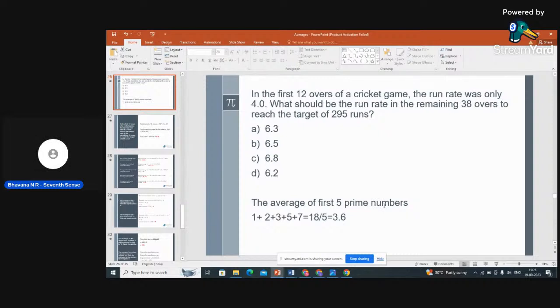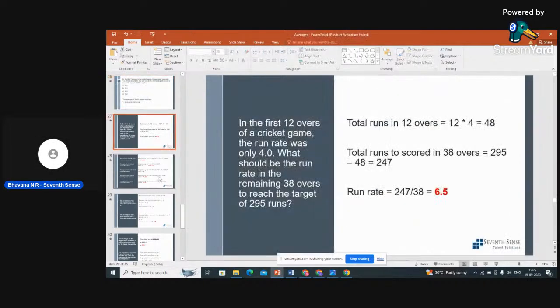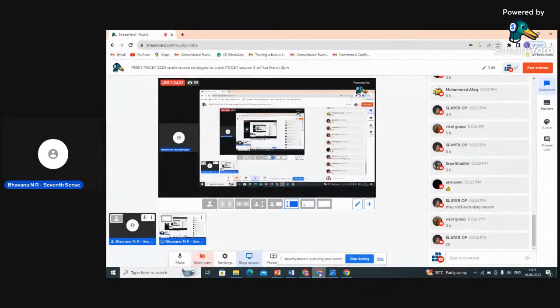I didn't give any condition of including or excluding. I just gave the average of the first five prime numbers. So for that, this much only. No need to include one or exclude one. So that's why I was telling you to read the questions carefully.